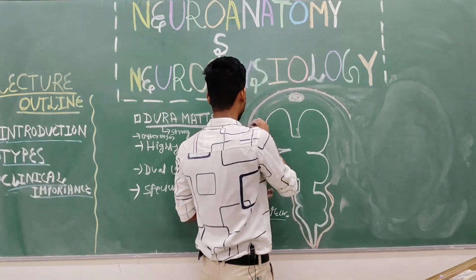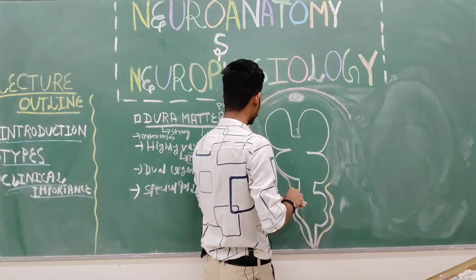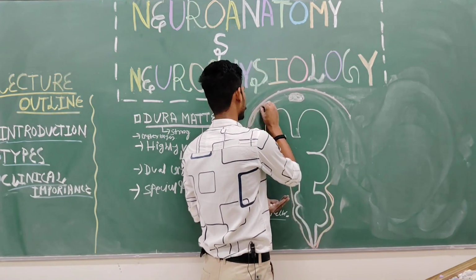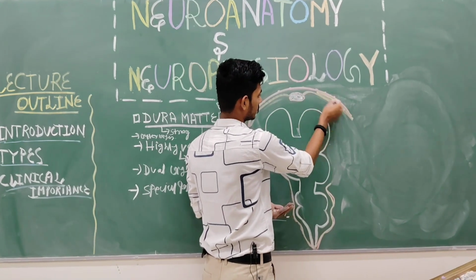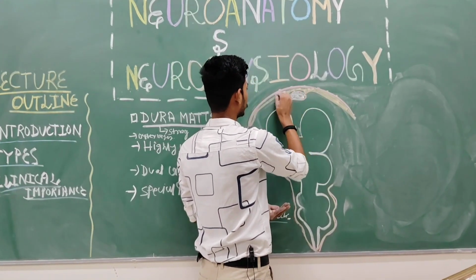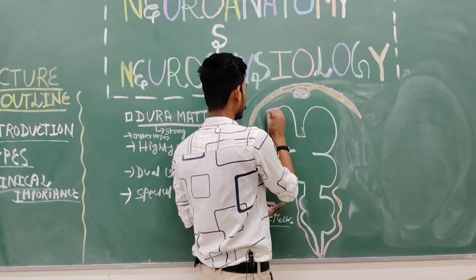The first layer, as I showed on the dura mater, is the periosteal layer. Beneath this periosteal layer there is a meningeal layer.